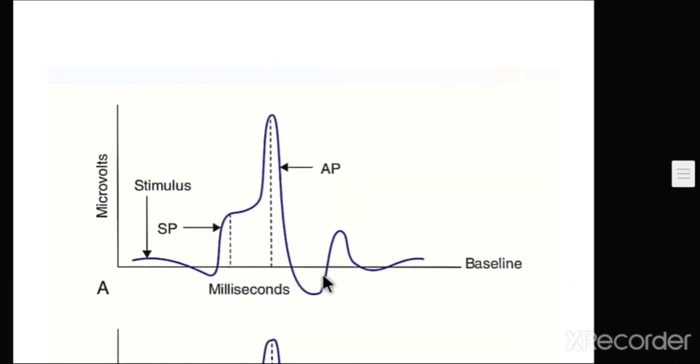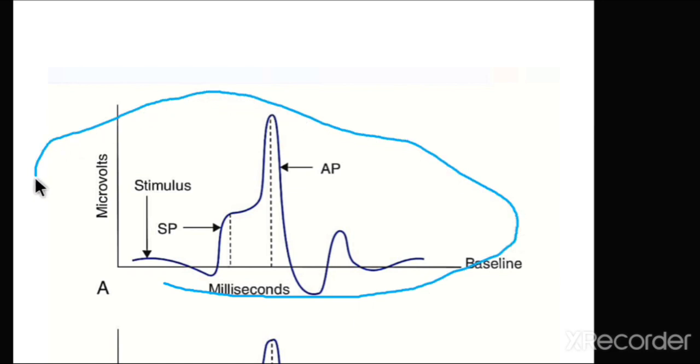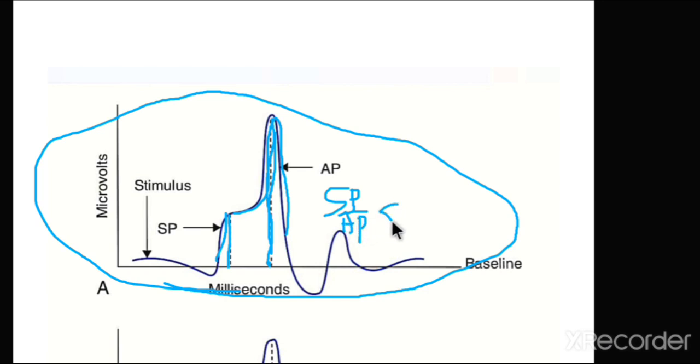Let's see the figure of electrocochleography about summating and action potential. This is the normal ear graph of electrocochleography. Here we see the summating potential. After that, there is a spike of action potential, and this action potential is 3 times greater than the summating potential. That is, the summating potential by action potential ratio is less than 30% in normal cases.